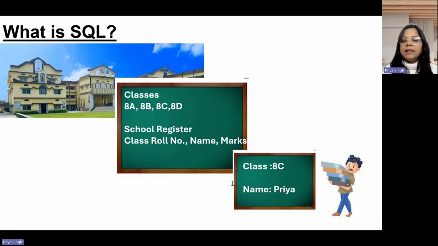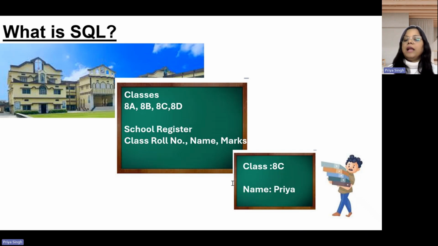Now let's say my parents visit the principal to inquire about my grades. They would be directed to the principal's office where they will inform the staff or the principal that they are Priya's parents and that Priya is studying in section 8C. What will the principal be doing next?